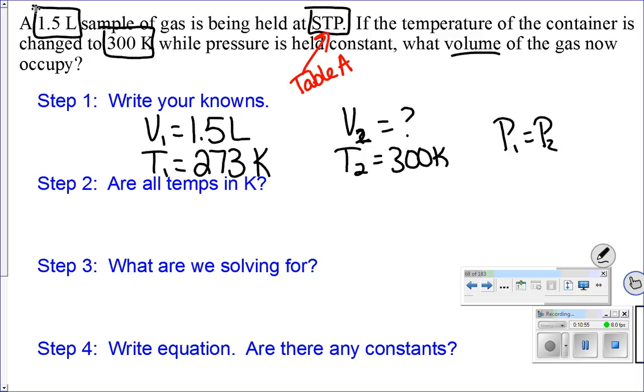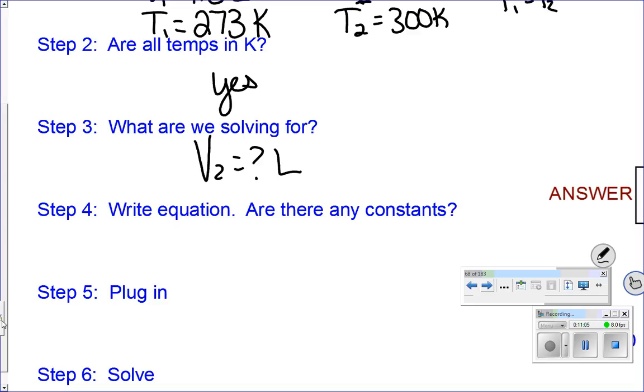So you'll just choose the Kelvin one there. Are all of my temperatures in Kelvin? Yes, they are. I am solving for V2. That will come out in liters. I'm able to cancel out pressure here, so this is going to be volume 1 over temperature 1 equals volume 2 over temperature 2.